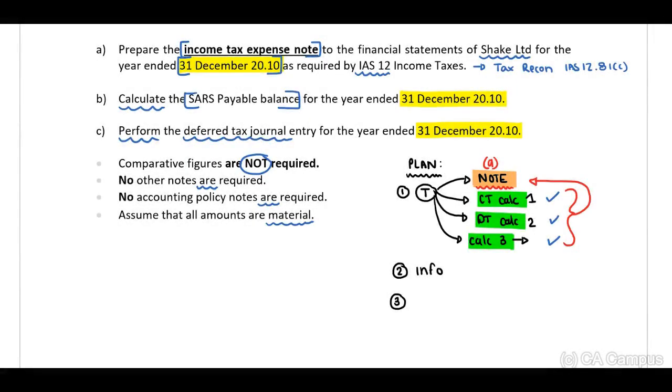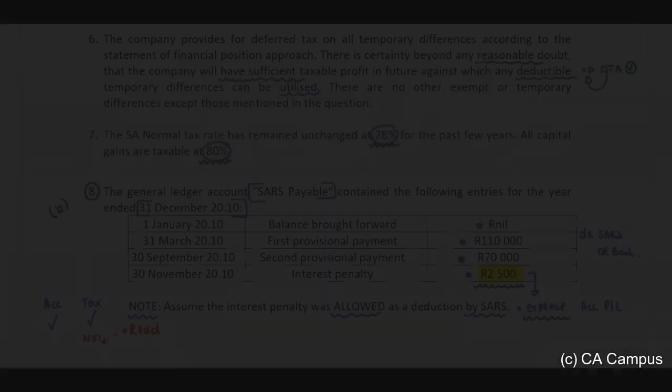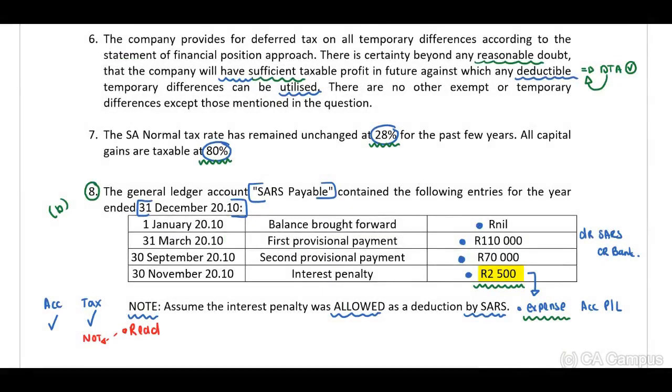In requirement B, we need to calculate our SARS payable balance at the end of 31 December 20.10. In note 8, they've provided us with our SARS payable account, first provisional payment of 110,000, second provisional payment of 70,000.